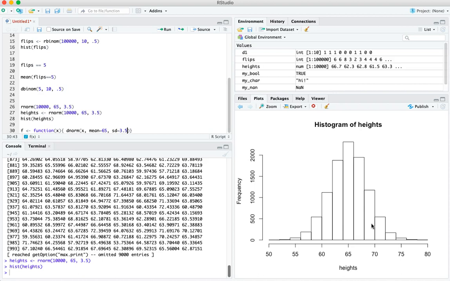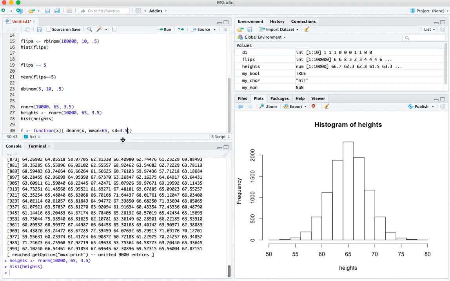All right. So it's the same exact function that we had here, except now we're using our dnorm rather than our rnorm.